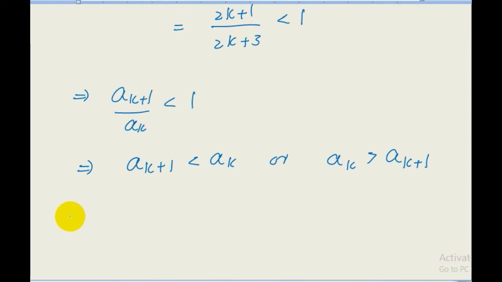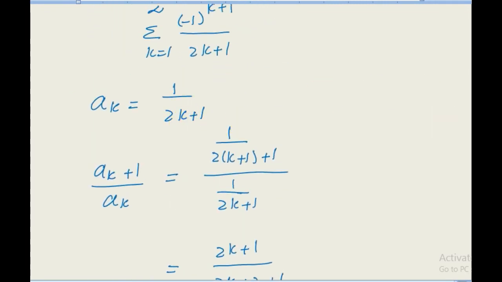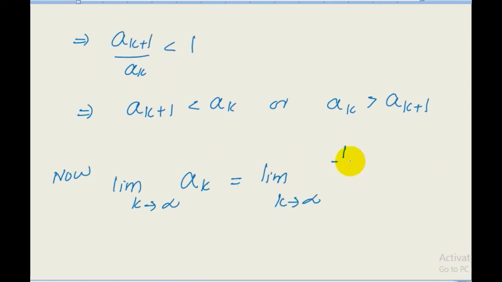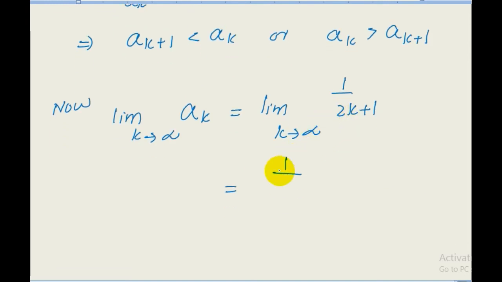Now we check the second condition, which is the limit. Limit as k approaches infinity of ak is equal to the limit as k approaches infinity of 1 upon 2k plus 1, and this is equal to 1 upon, after applying the limit, 1 upon infinity, which is equal to 0.